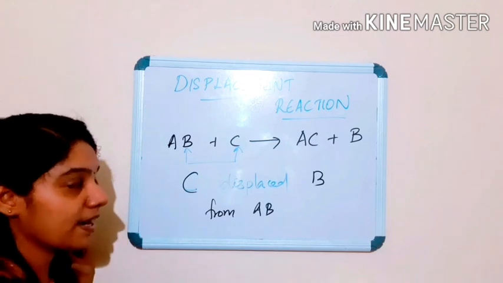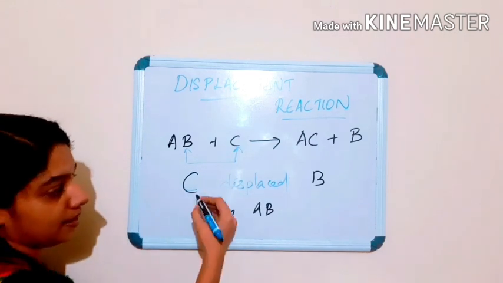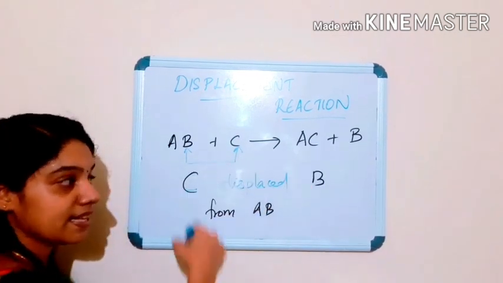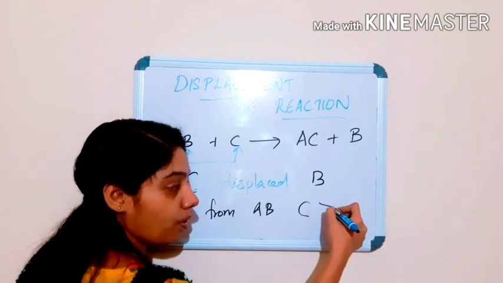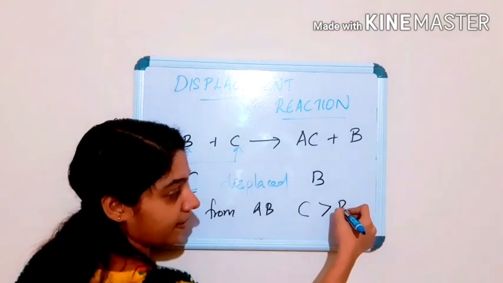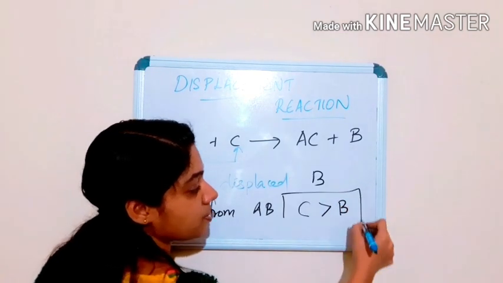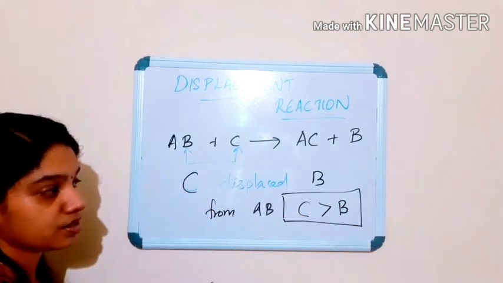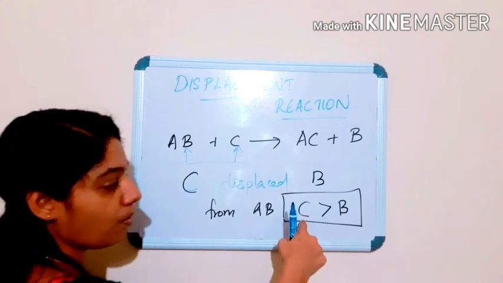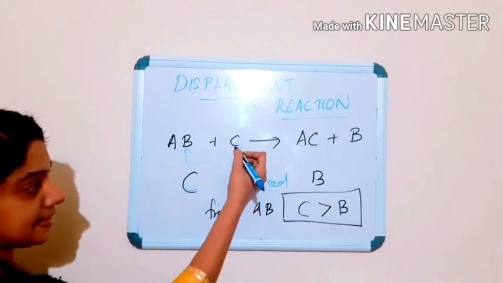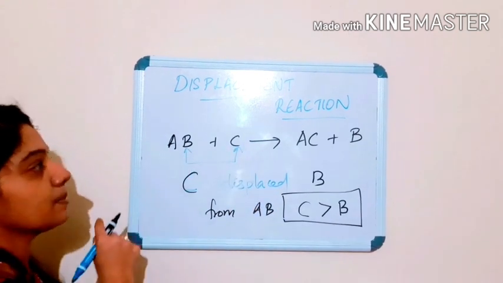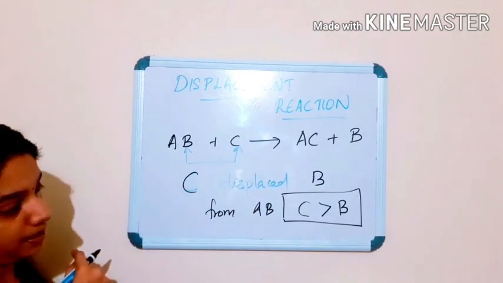Displacement will take place, that means C displaces B, only if C is more reactive than B. If C is more reactive than B, then only C can displace B from AB.